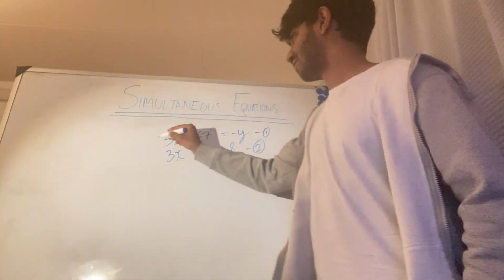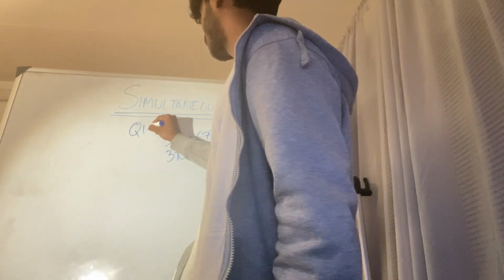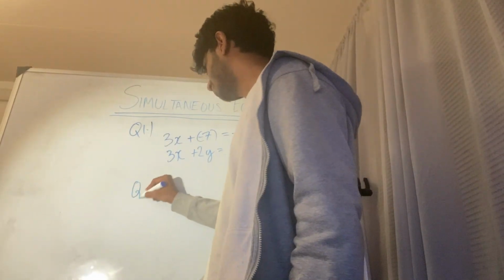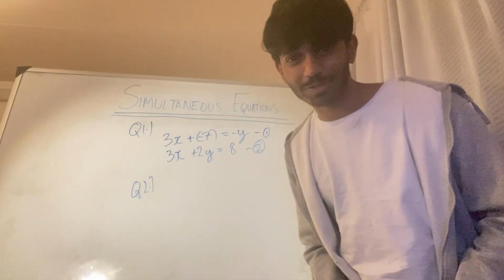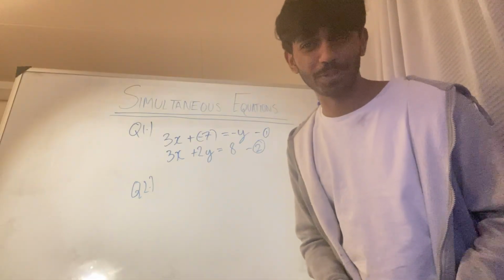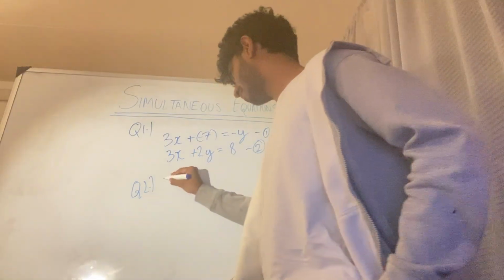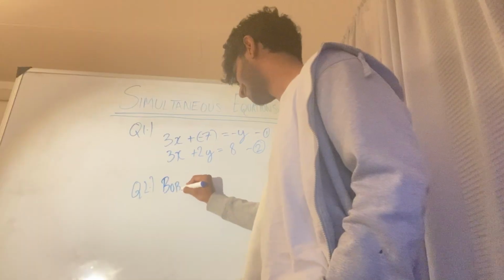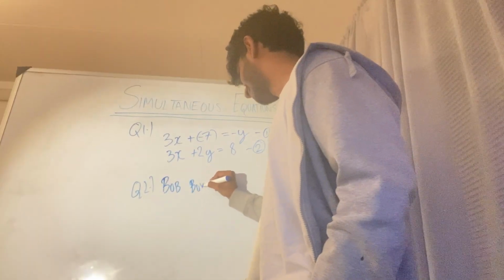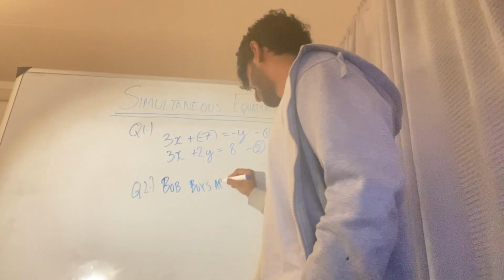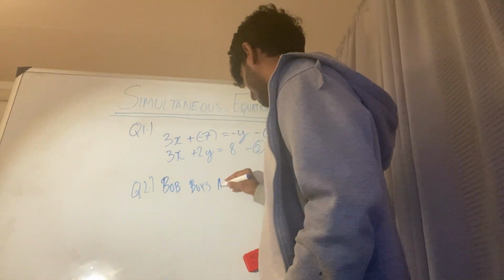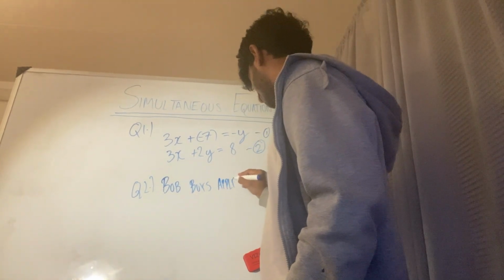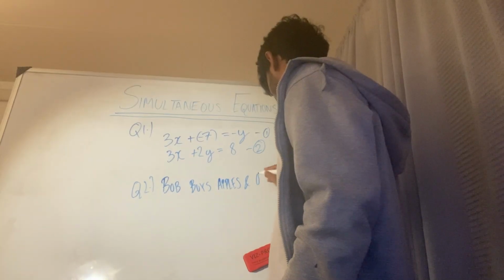So this is the first question, question 1. And question 2, I'm gonna make it by myself. It might not be a legit question. Maybe you might get negative values, but who cares? Bob buys apples and oranges.